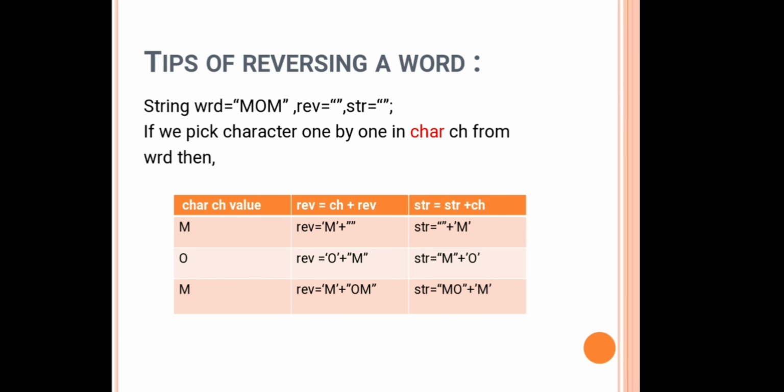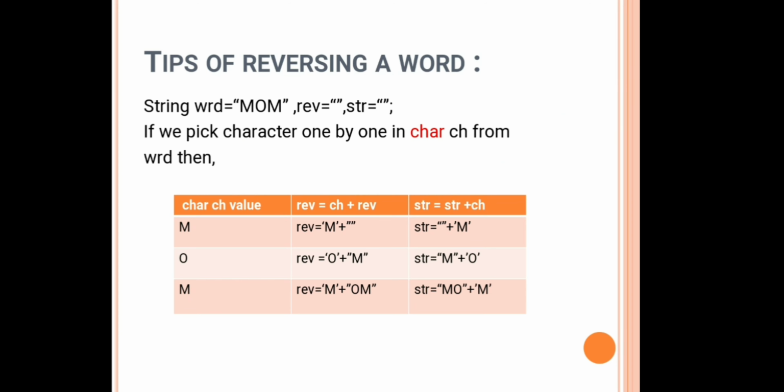REV contains OM, and STR previously contained M, and now we are adding the character O to M, so STR contains MO. Both contain different things: REV contains OM and STR contains MO.